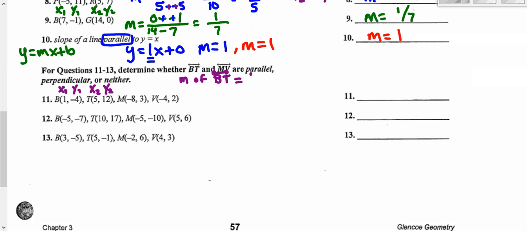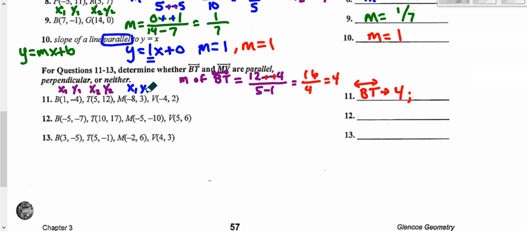And we'll have 12 minus negative 4 over 5 minus 1. So here we have this minus a negative again, so we'll change those to plus, and that's going to give us 16 over 4, which equals 4. So I'm going to write that over here. So this line BT has a slope of 4. Now, let's take a look at this next one.